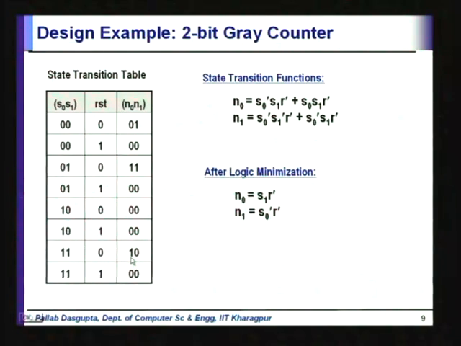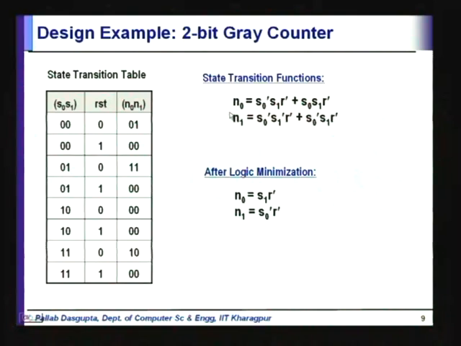So we can read off these two entries and say that when S0' S1 R', or S0 S1 R', in these two cases N0 is 1.